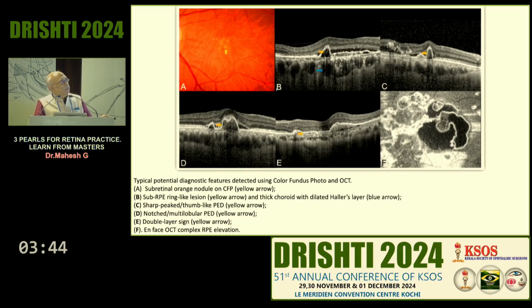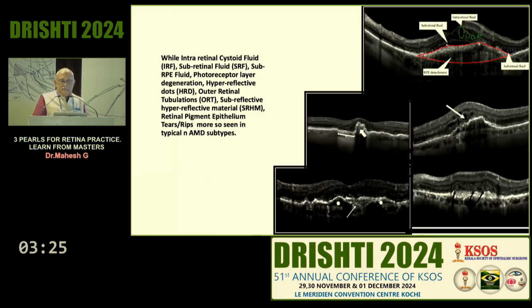It is a hyperreflective double layer sign. Bruch's has gone up and is separated, and inside that there will be hyperreflectivity. Sometimes you see that in OCT as well. These are some of the biomarkers that will tell you that you are dealing with PCV, along with pachychoroid and pachyvessels.